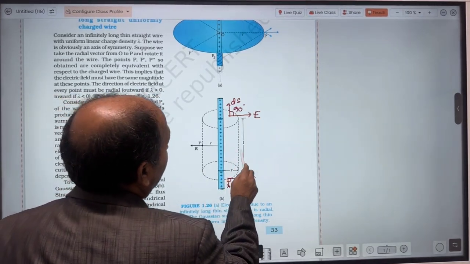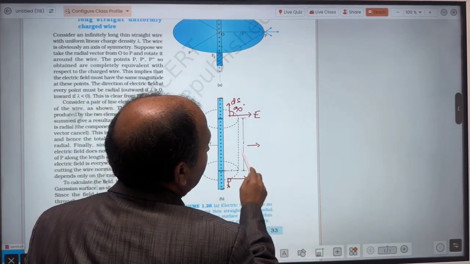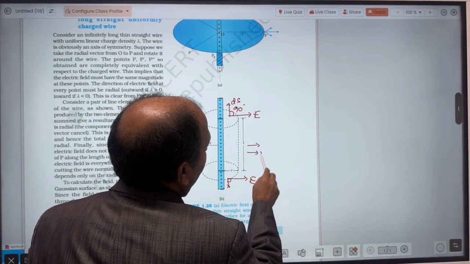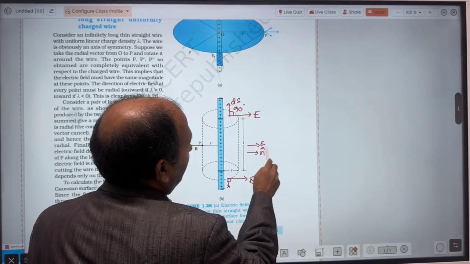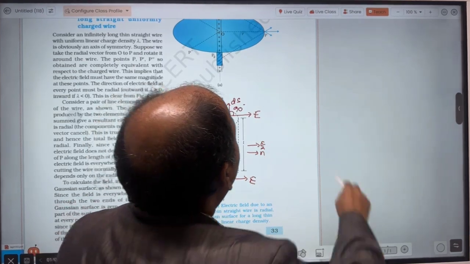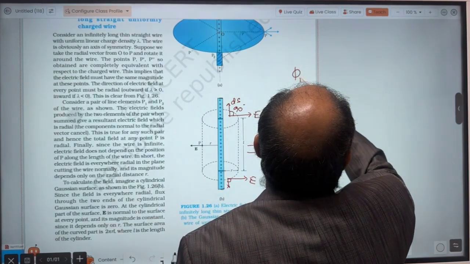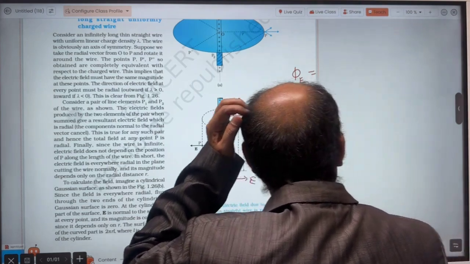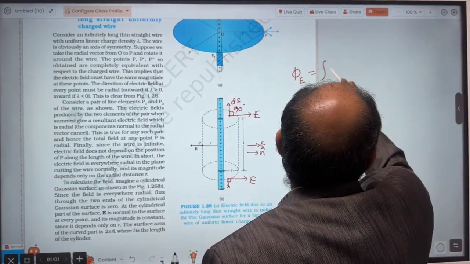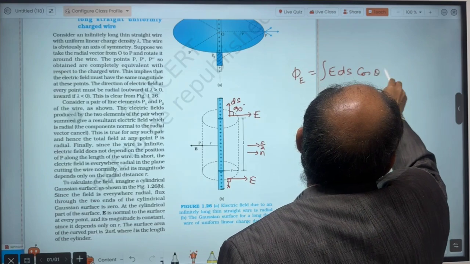Here, there will be some flux, because the electric field is in this direction and n cap, meaning the area vector, is also in this direction. So here theta will be 0 degree. So flux can be calculated. Phi will be equal to integration E ds cos theta.